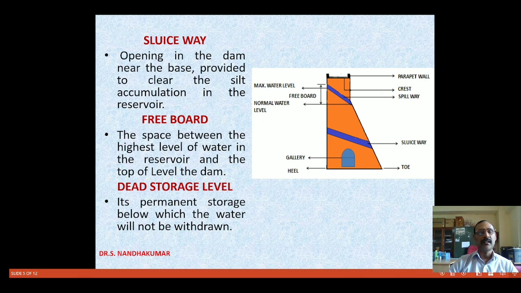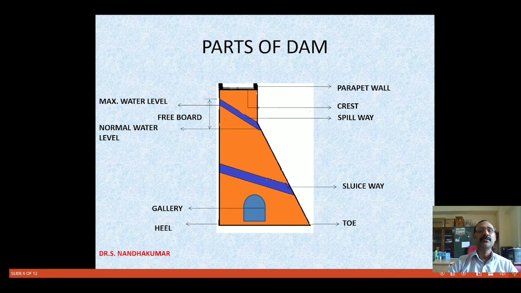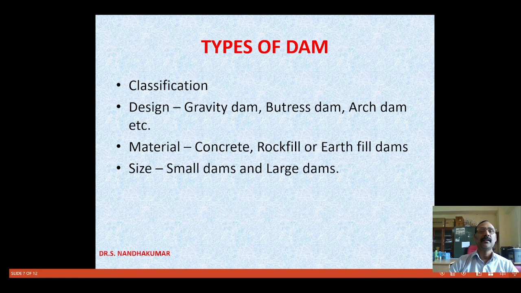We call that the dead storage. Whether it is the rainy season or summer, we have to store a particular amount of water in the dam. That is the dead storage level. So these are the parts of a dam. Now you can understand what a freeboard, parapet walls, crest, and spillway are. We have to move on to the next category.